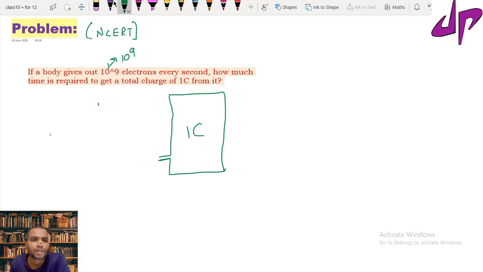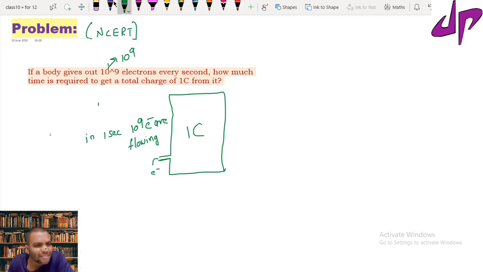In this tank, electrons are flowing. How much is flowing? In 1 second, 10 power 9 electrons are flowing. So in this 1 coulomb tank, in 1 second 10 power 9 electrons flow.